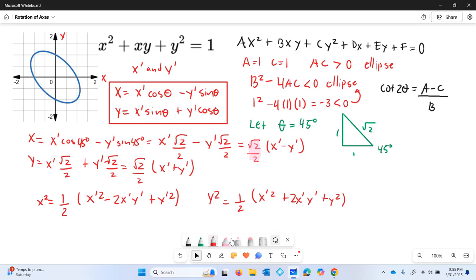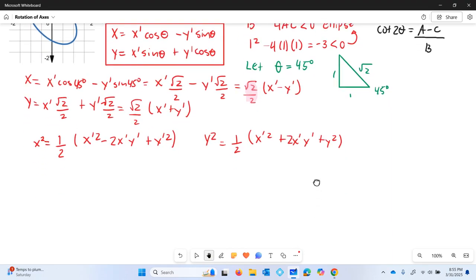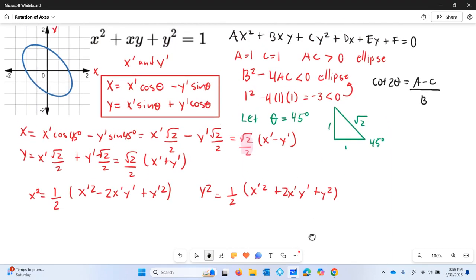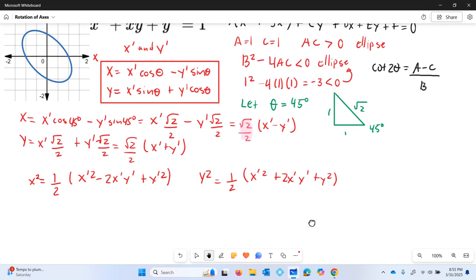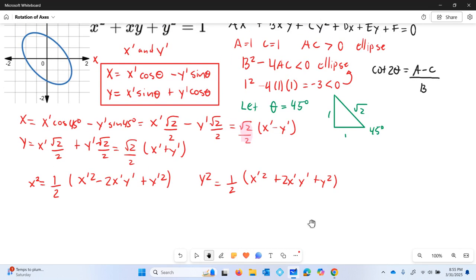Okay, so here, what we could do from here is also look at the product of x and y. Maybe we can scroll up a little. Let's scroll up a little bit, and let's go ahead and add these two.